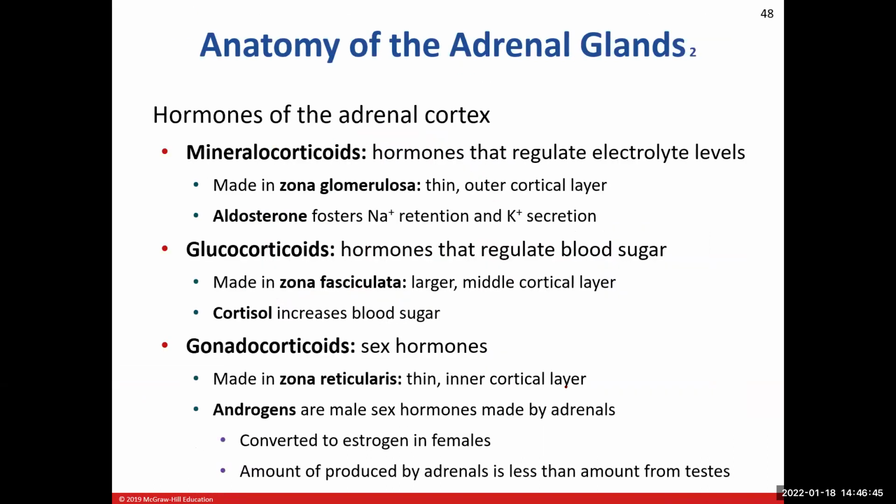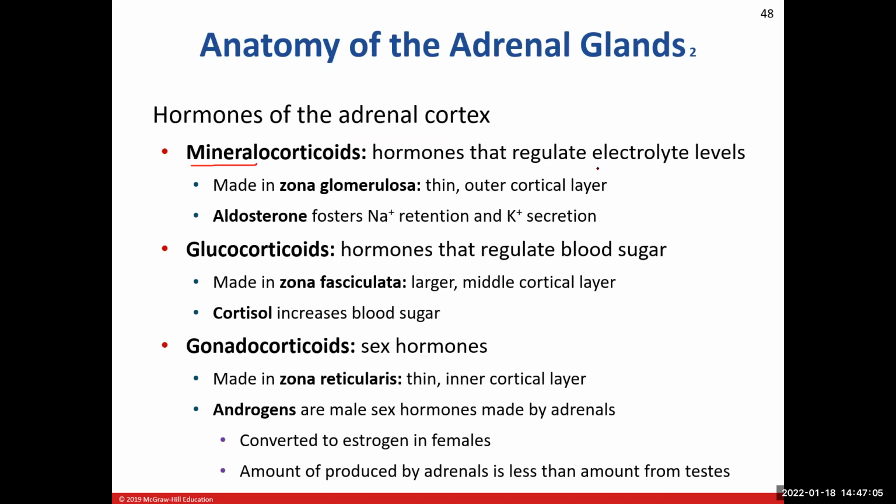All right, so let's talk about some cool hormones in the adrenal cortex. We've got our mineralocorticoids, our glucocorticoids, and then our gonadocorticoids. It's a lot to say. When we're dealing with the mineralocorticoids, I always think of the first part of the word, mineral.